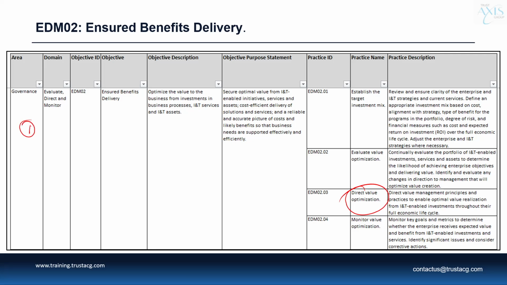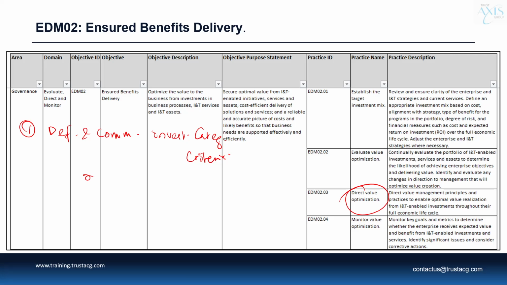The first thing you could possibly do is define and communicate your investment categories and the criteria. This will establish a consistent criteria for the evaluation and prioritization of investments.